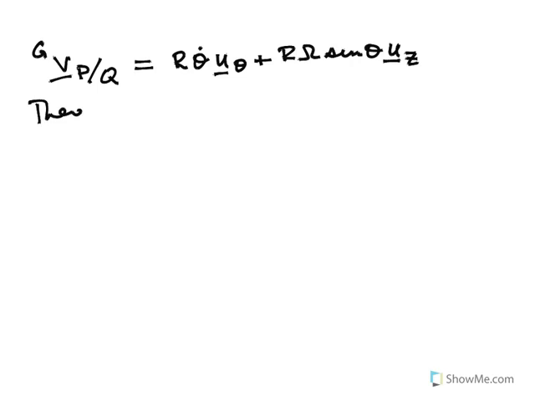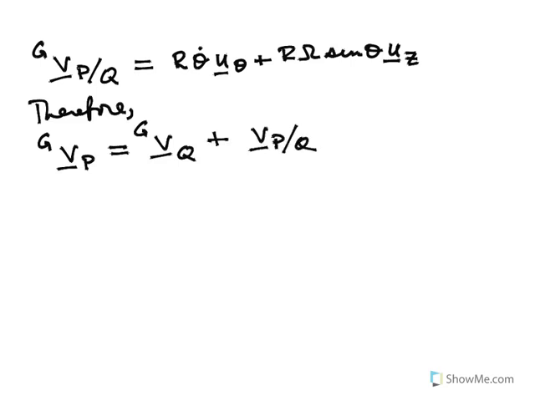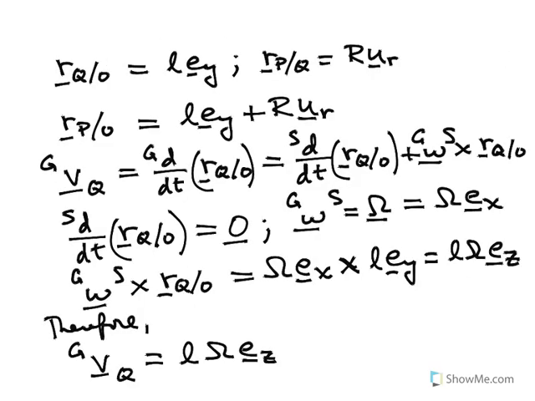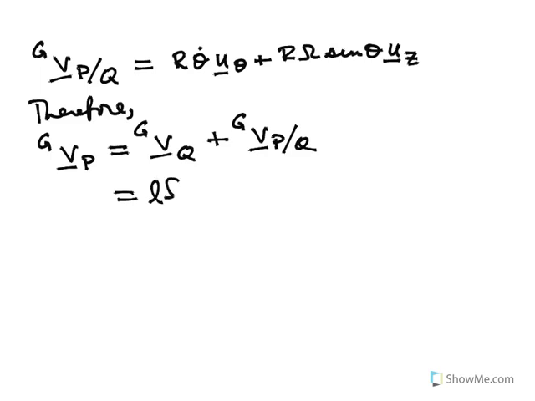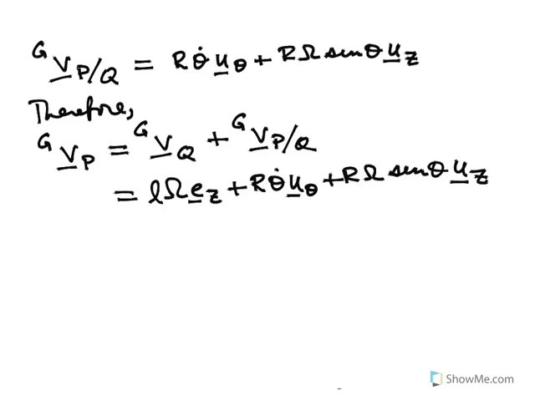So therefore, we obtain the following result, which is that the velocity of point P as viewed by an observer fixed to the ground is equal to the velocity of point Q as viewed by an observer fixed to the ground plus the velocity of P relative to Q as viewed by an observer fixed to the ground, which is equal to, well, let's grab the velocity of point Q. That's equal to L omega Ez plus r theta dot u theta plus r omega sine theta times uz.